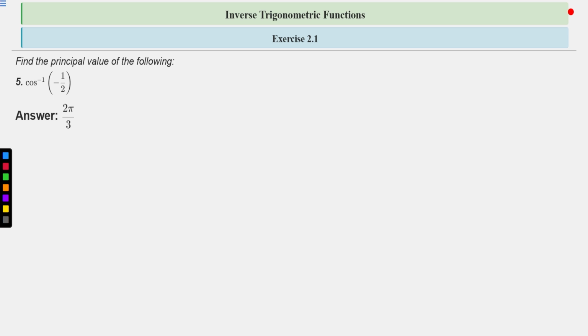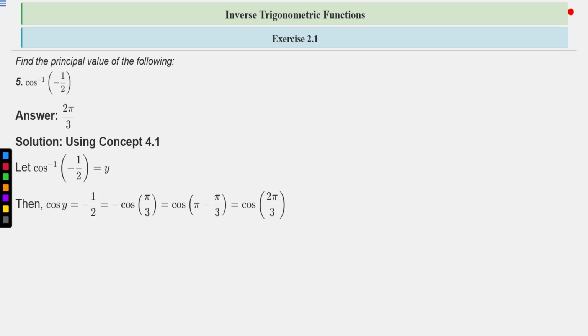Okay. So let us see how it is 2 pi by 3. Again, you can assume cos inverse minus 1 by 2 is equal to y. Clear? Then cos y will be equal to minus 1 by 2, and you can write it as minus of cos pi by 3, right?